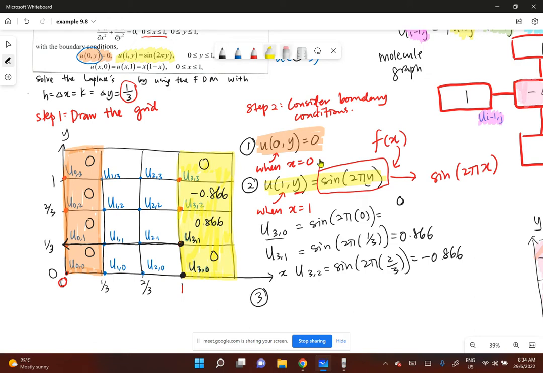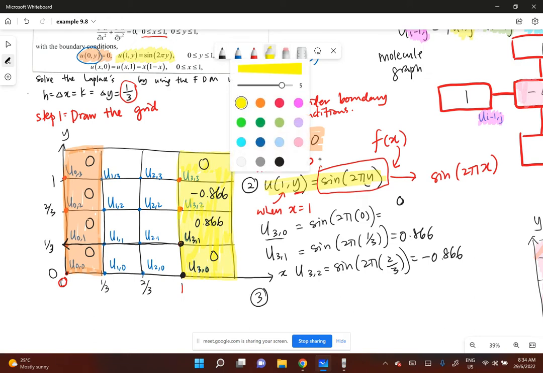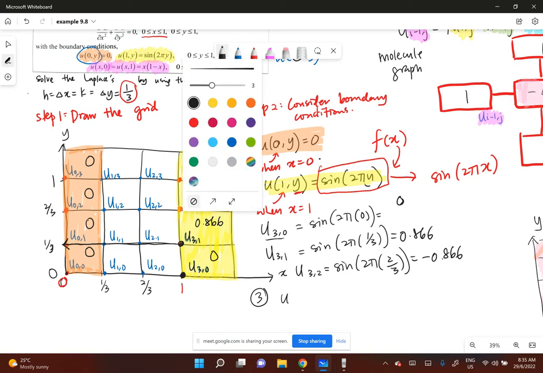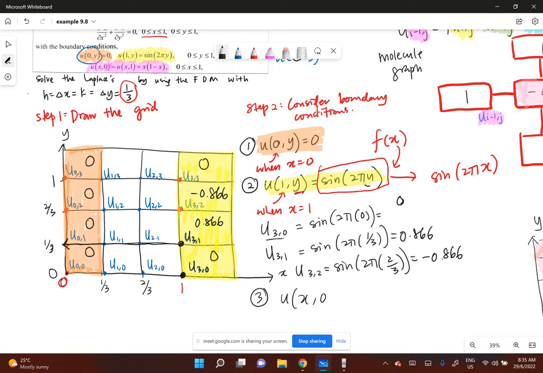It says u(x,0) equals u(x,1) equals x(1 minus x), for x from 0 until 1. So this means u(x,0).